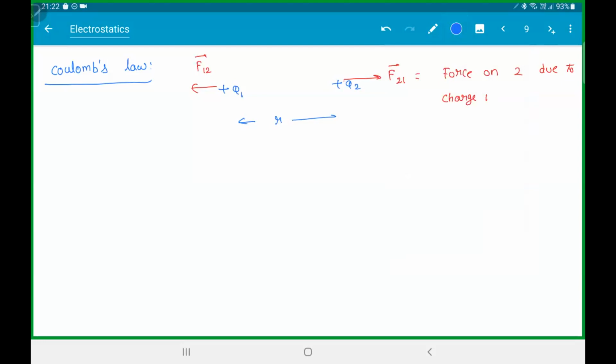So what Coulomb's law says is, force between the charges is proportional to the product of the charges and inversely proportional to square of the distance between them.